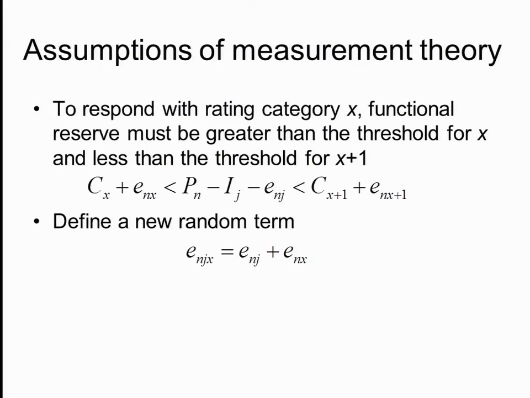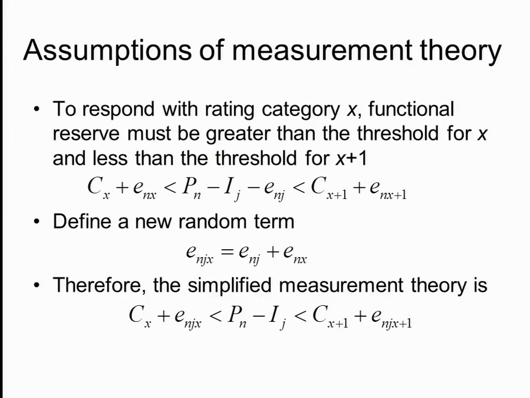We'll create a new random variable called E and JX, which is just the sum of the two random variables we've defined. And now we can write the measurement scaling theory just in terms of the two fixed variables, Pn and Ij, where Ij is the average category thresholds for the population, Cx and Cx plus 1, and then a random variable for each of those.